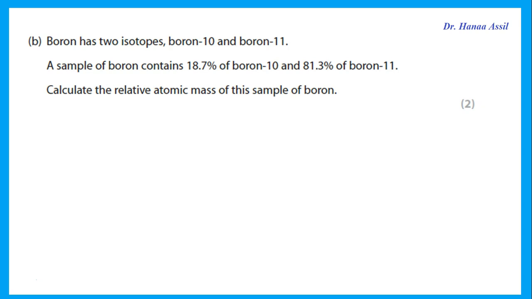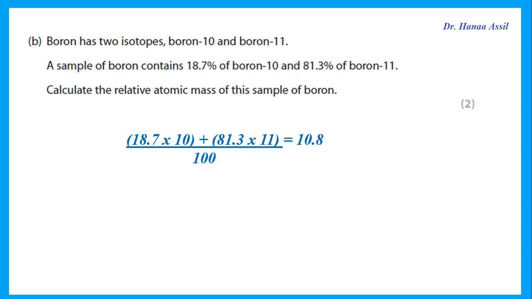Boron has 2 isotopes, boron 10 and boron 11, and of course the 10 and the 11 are mass numbers. A sample of boron contains this percent of boron 10 and this percent of boron 11. Calculate the relative atomic mass. How do we calculate the relative atomic mass of an element from its isotopes?